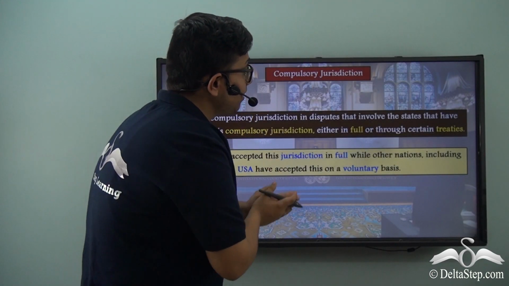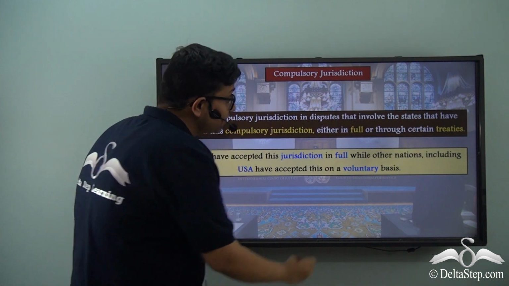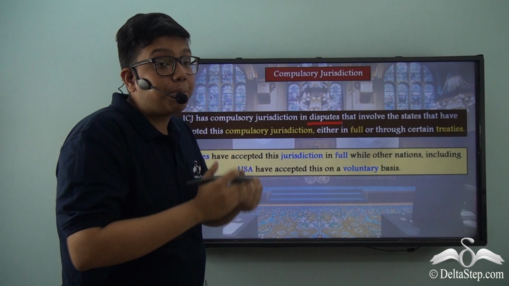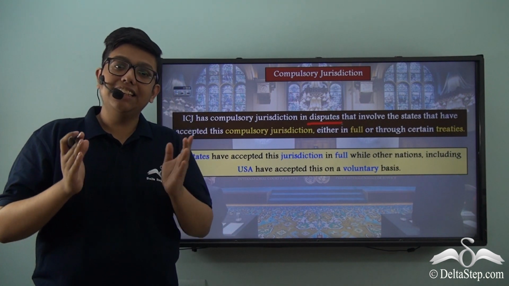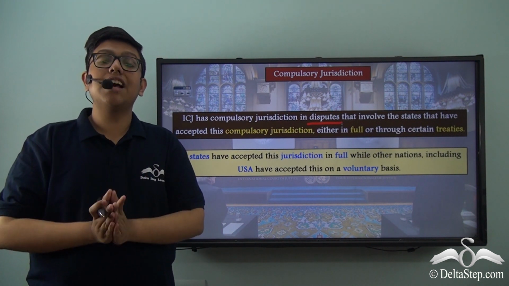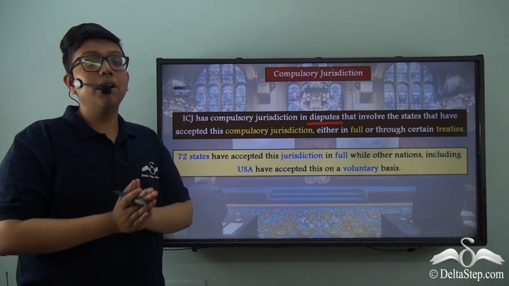However, it only applies in those disputes that involve the states that have accepted this compulsory jurisdiction of the ICJ. So either side has to accept this compulsory jurisdiction before the International Court of Justice could take up a case or a dispute upon its compulsory jurisdiction.